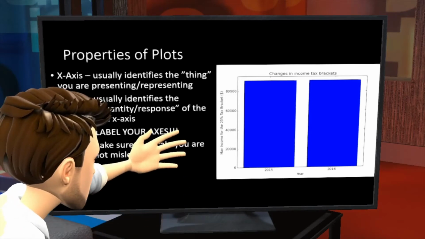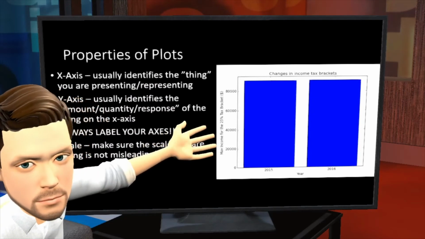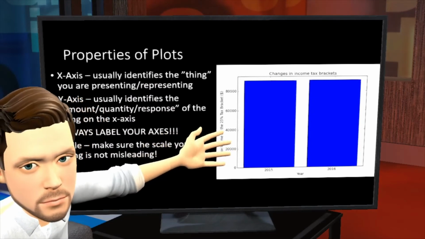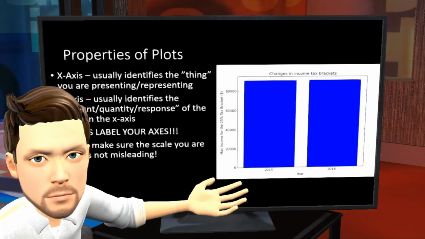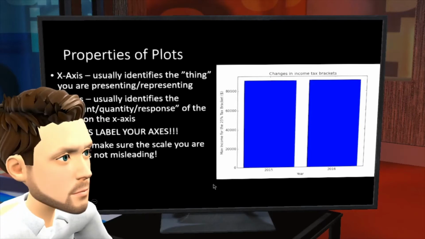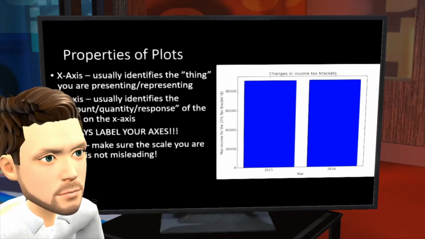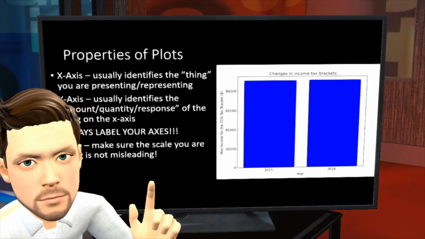If we look at it from zero until $90-ish thousand, we can see that the difference between the cutoff for that tax bracket between 2015 and 2016 was actually really, really small. Matter of fact, less than 0.5% difference. So always make sure that the scale of what you're plotting is communicating the thing that you need to communicate.